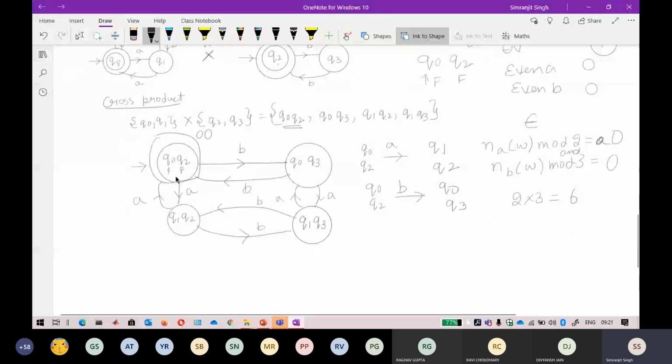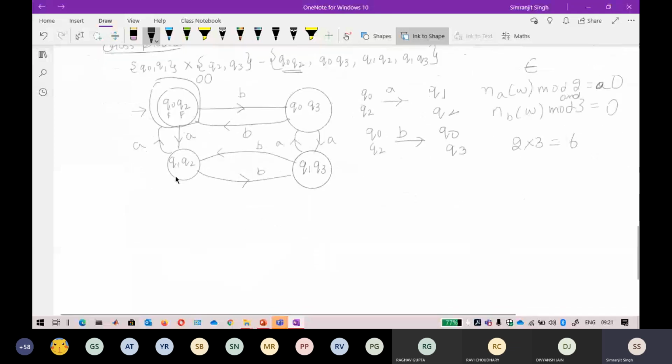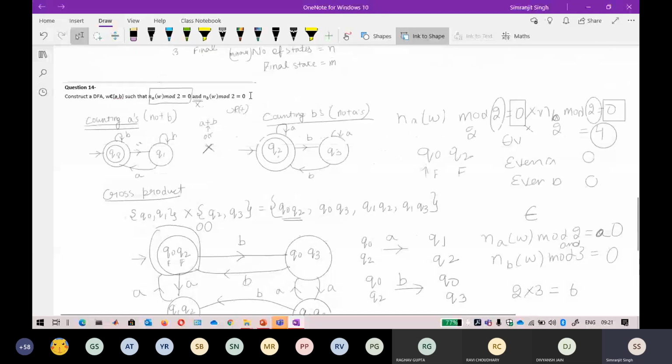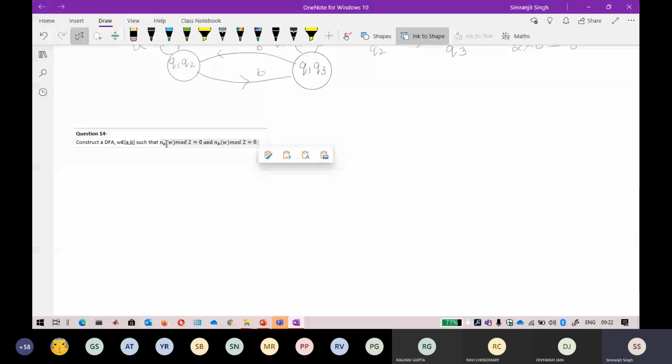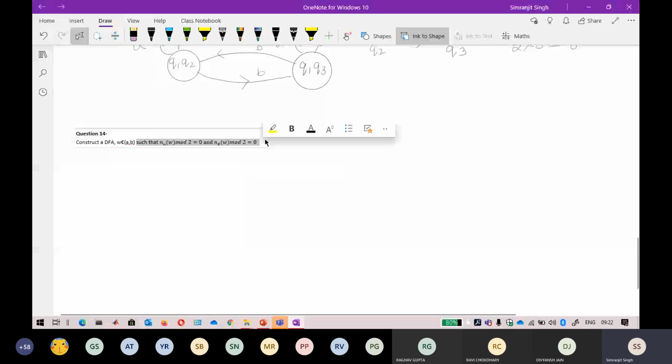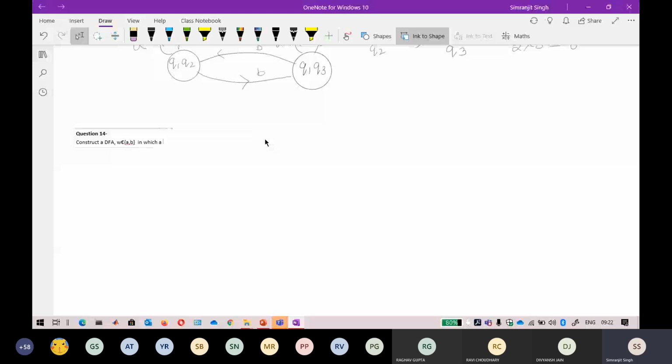In a similar way, there is a very good question that I find. The question says: construct a DFA where w belongs to {a, b}*, in which every a is followed by b.